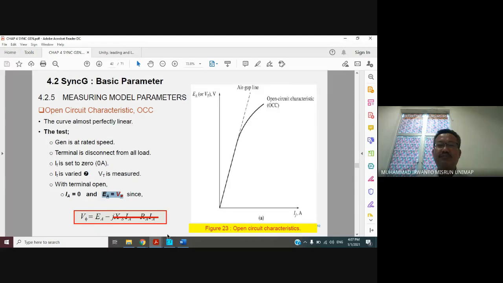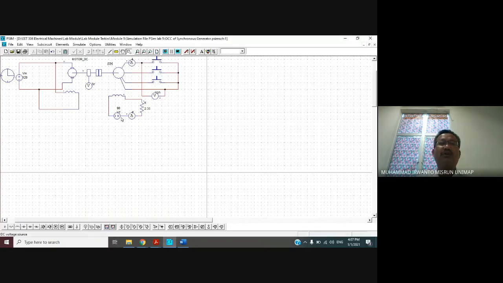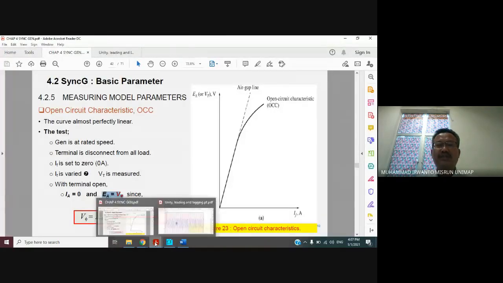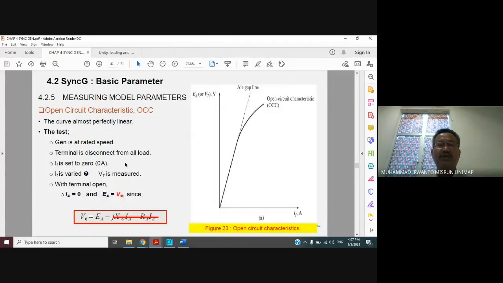If you change the value of the field current, you can obtain a value of the open circuit voltage of the generator terminal, or phase voltage or terminal voltage. The terminal voltage, phase voltage is equal to internal generated voltage.